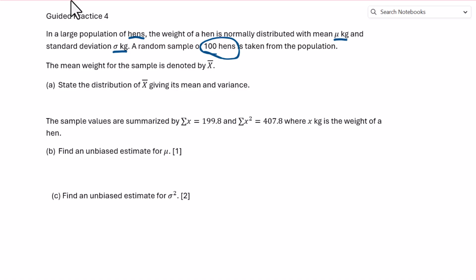State the distribution of x bar given its mean and variance. x bar follows a normal distribution with mean mu and variance sigma squared over 100. We got this from the CLT.